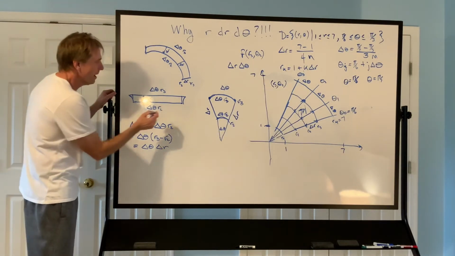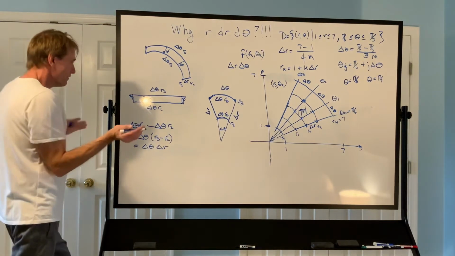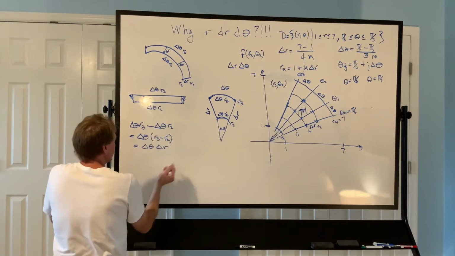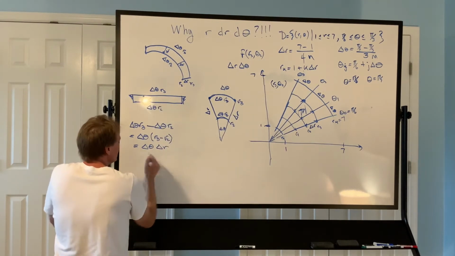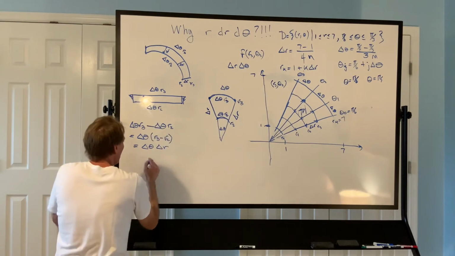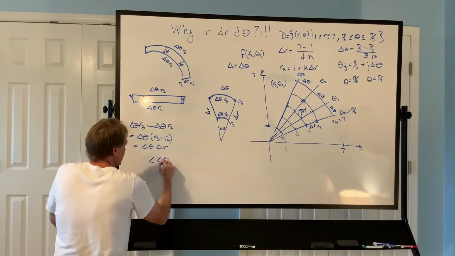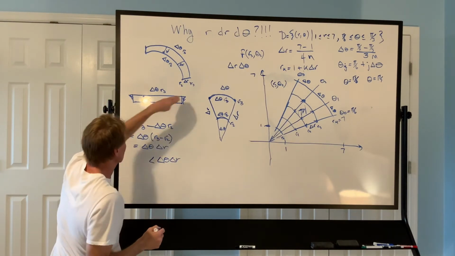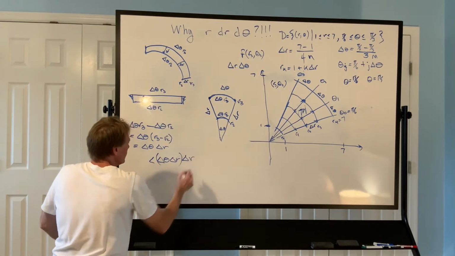And if I'm thinking about the area of the stuff left over there, it's going to be less than delta theta delta r, that's the distance left there, times this width, which is delta r.